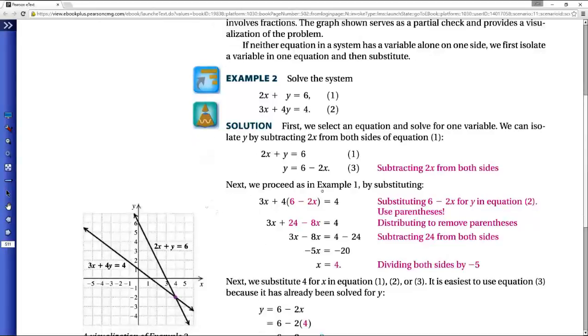Then we proceed, as in example 1, by substituting. So this 6 minus 2x, or negative 2x plus 6, represents y from this one here.